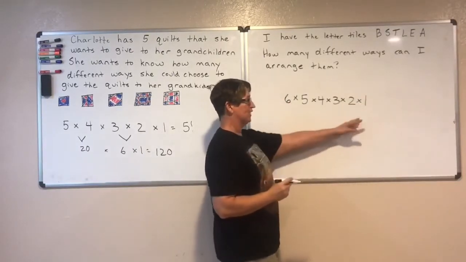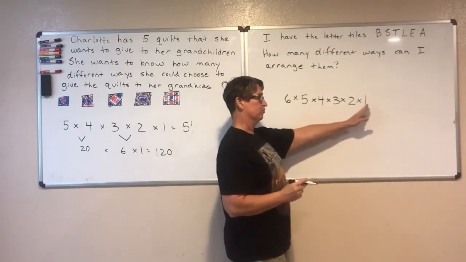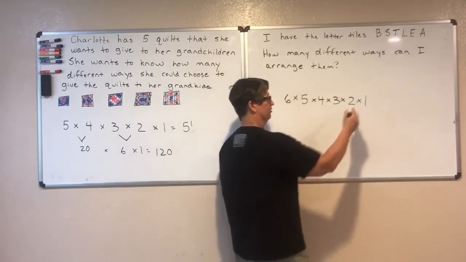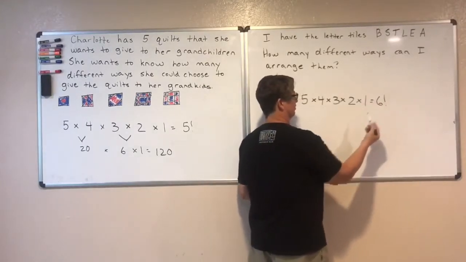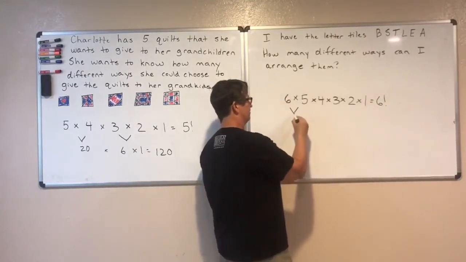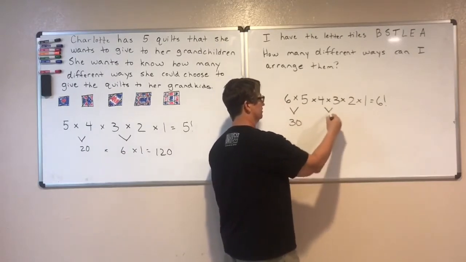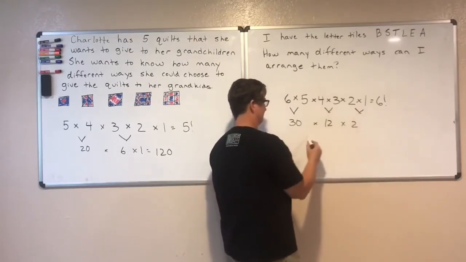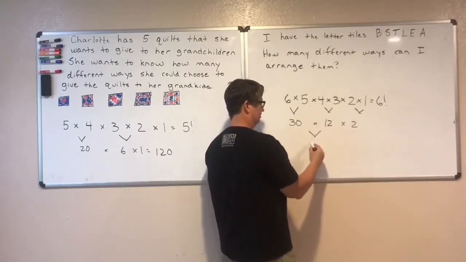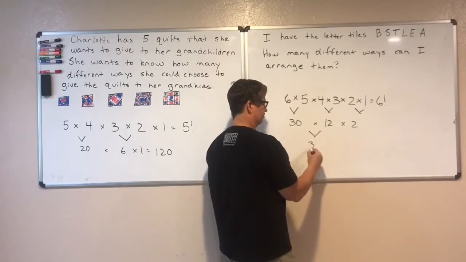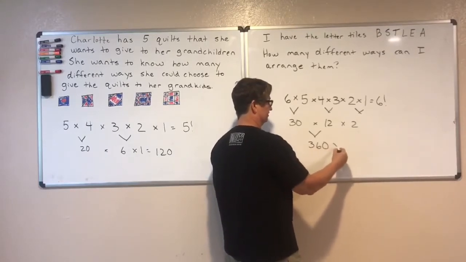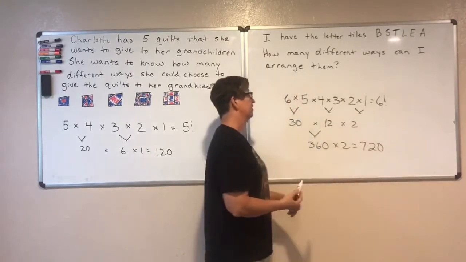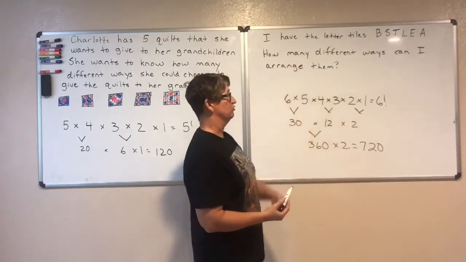Another way for us to write this, when we have the whole numbers from 1 to our number being multiplied together, is as 6 factorial. When I multiply these out, 30 times 12 times 2, or 360 times 2, which is 720 different ways that I could arrange those letter tiles.